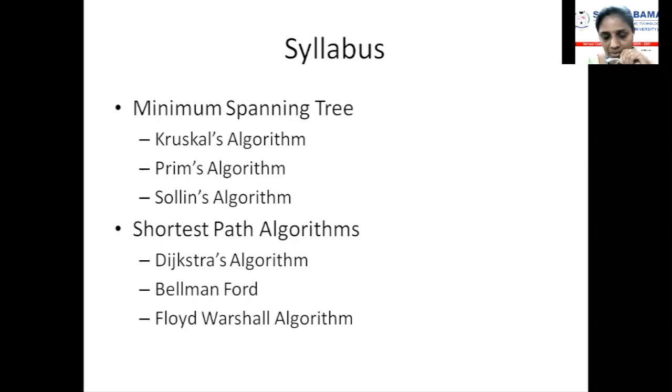The third one is Floyd-Warshall algorithm, which is an all pairs shortest path algorithm. Any node in the graph can become the source node or the destination node, so you are trying to find the shortest path between every two nodes in the graph, for which we apply Floyd-Warshall's algorithm.